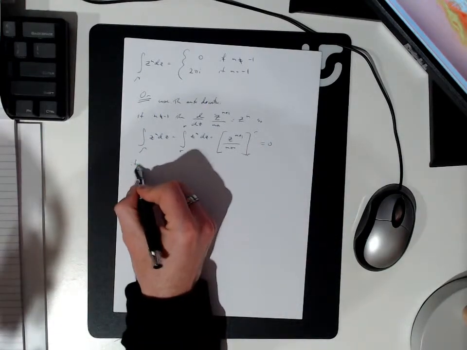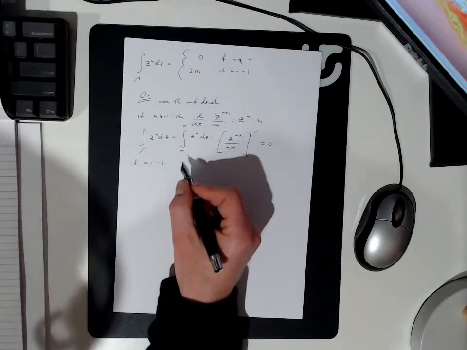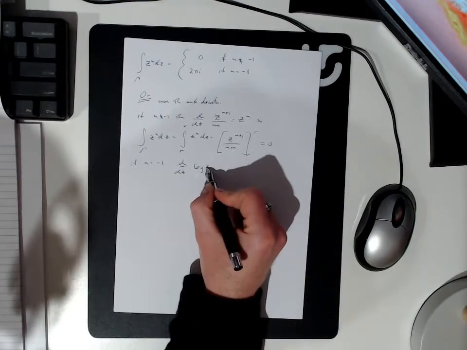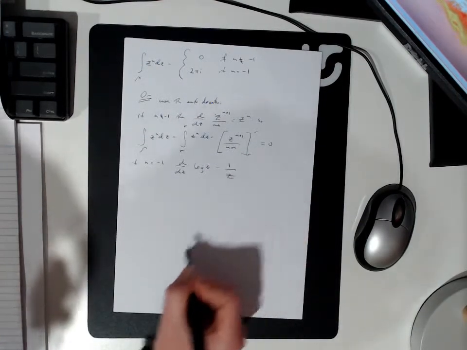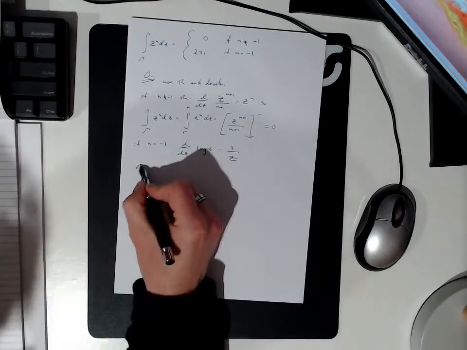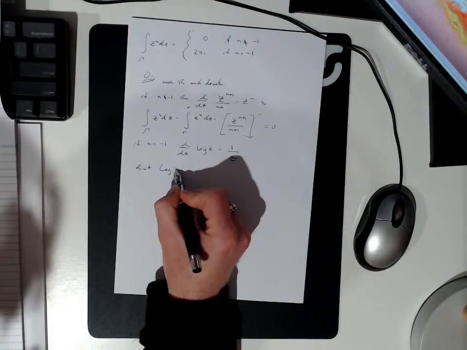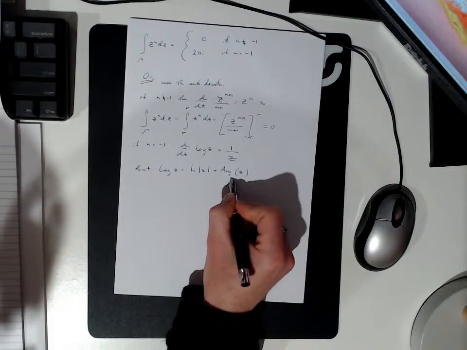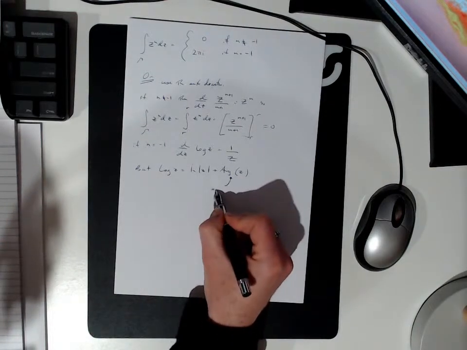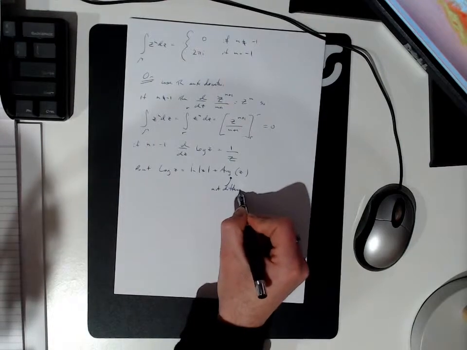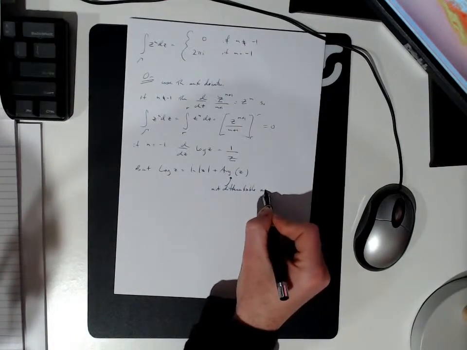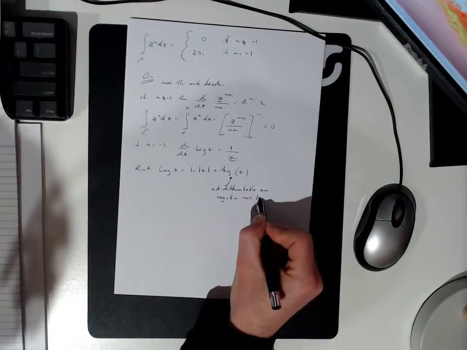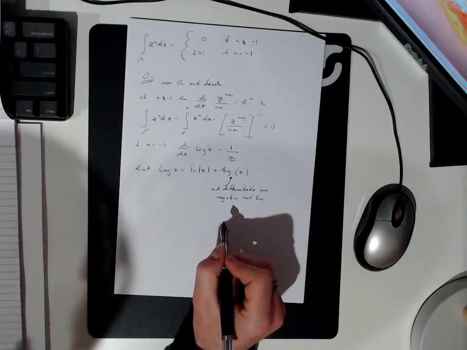Great. Now, if n equals minus 1, we have some problems. d/dz of log z equals 1 over z, which is what we want to integrate. But the principal value of log z, as we've discussed, is not differentiable over the negative real line.